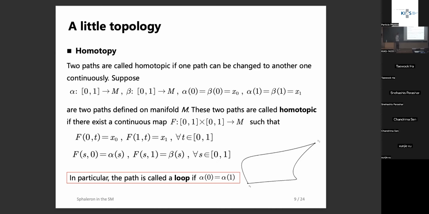So you can see that the two paths which start and end at the same points can be continuously deformed from one to another, so they are homotopic to each other. And in particular, if the starting point and the ending point of the path are identical, then we call such a path a loop.